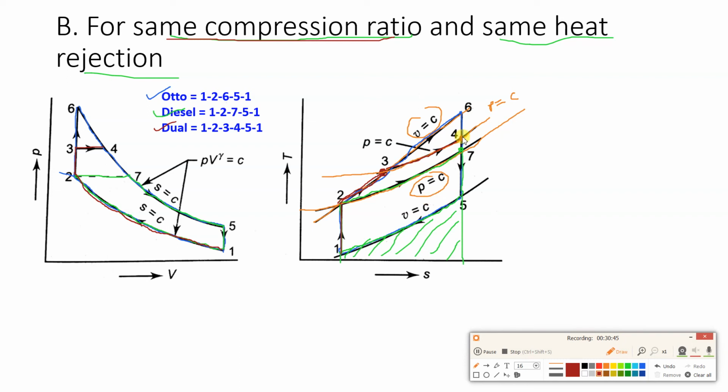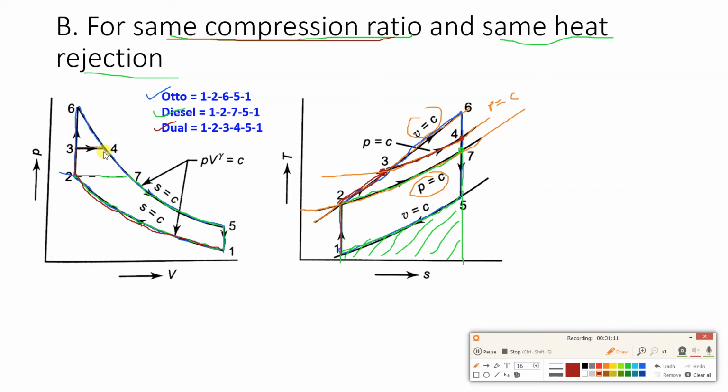Now why are we stopping at point number 4? Because we have isentropic expansion, and that will give us point number 5, and point 5 is important. That point 5 should be at this location only, then only we will get the same heat rejection in all the 3 cycles. That is why we are stopping at this location. We are not stopping before this, or after this. Okay, so we have reached till point number 4.